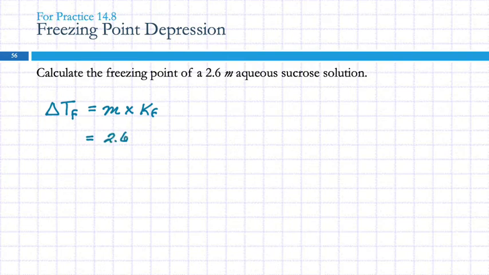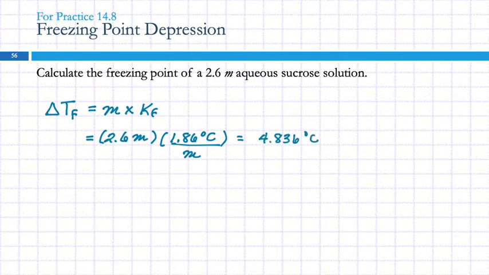So 2.6 molal, and the freezing point depression constant was on the previous page. It's 1.86 degrees Celsius per molal. So we multiply 2.6 times 1.86, 4.836. And the unit would be degrees Celsius.